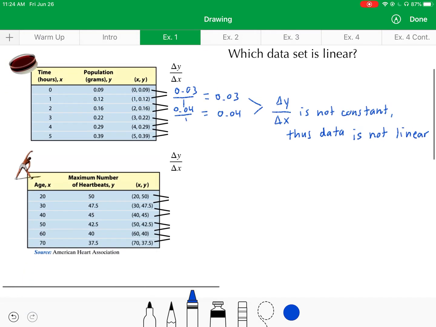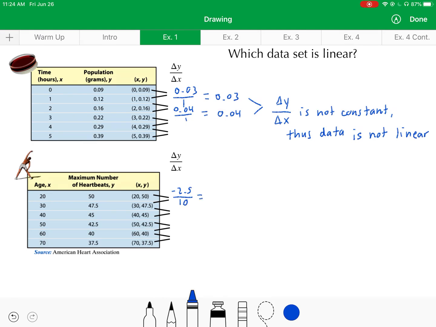All right, the second situation we have here is comparing age of a person and the maximum number of heartbeats, probably while they're exercising, based on that little picture there. You can see for the first 2 points, the change in the y values is negative 2.5, and the change in the x values is 10.